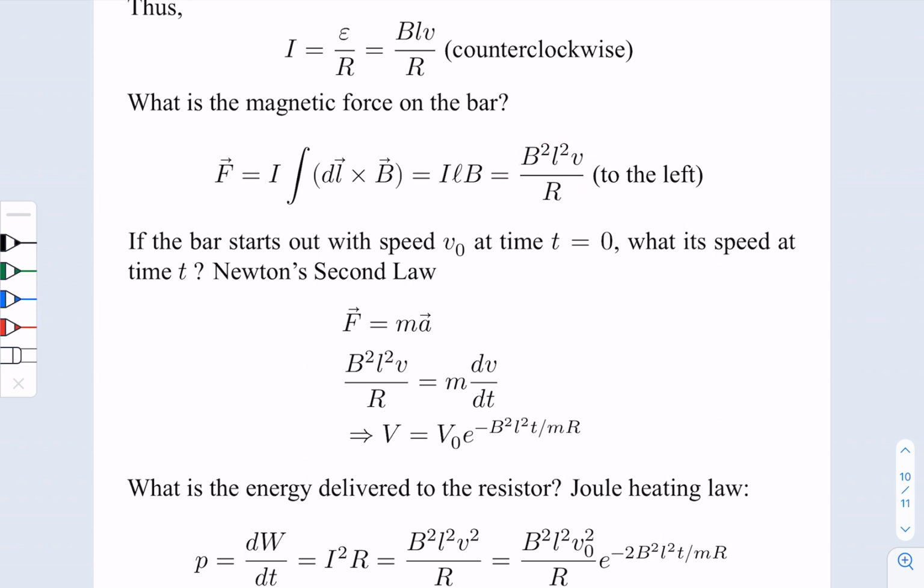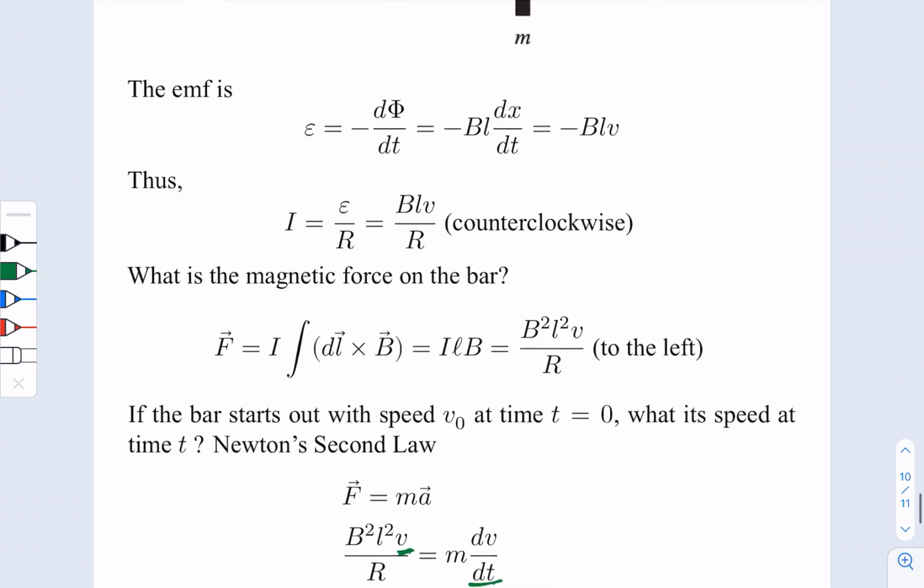This gives you an ordinary differential equation, because on the left-hand side there is a v and on the right-hand side there is a v dot. From this expression we know that the solution must be an exponentially decaying function.